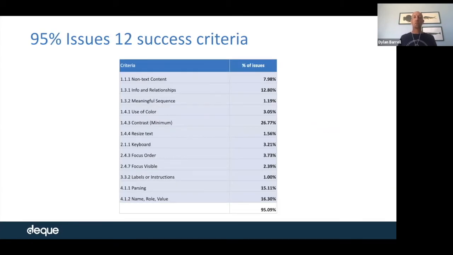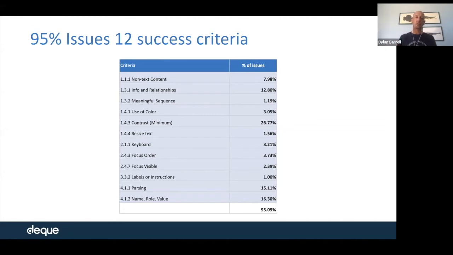First of all, when we approach this problem, we don't treat everything equally. Sure, from a compliance perspective, you need to deal with all 50 WCAG success criteria. But if you look at the defects and where they occur, we find that there are 12 success criteria that amount to 95% of the issues that we find when we do audits or assessments for our customers.